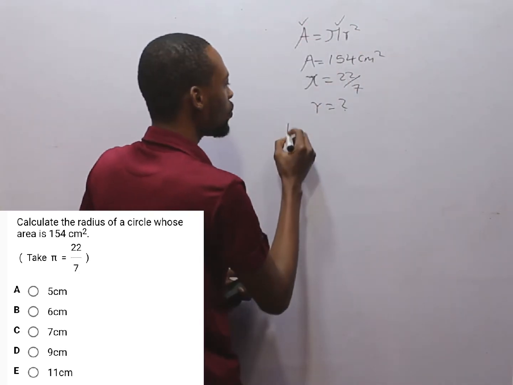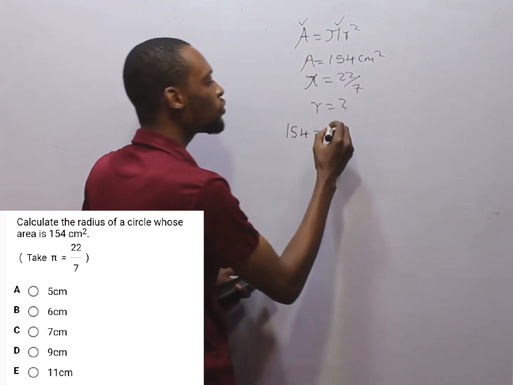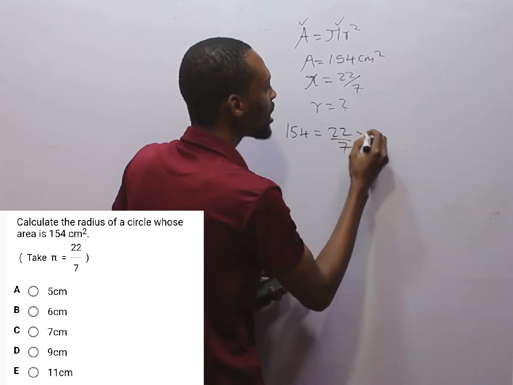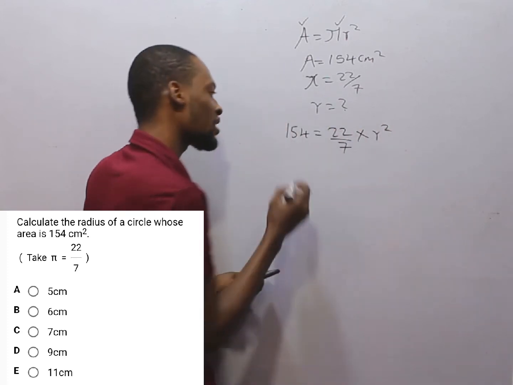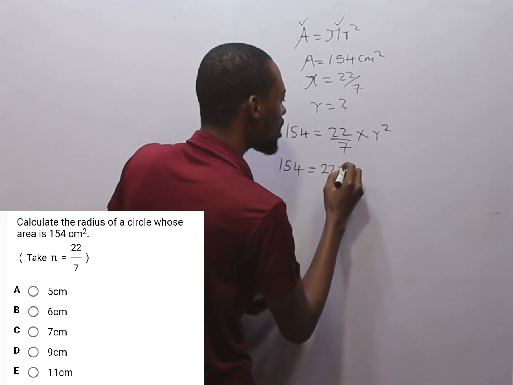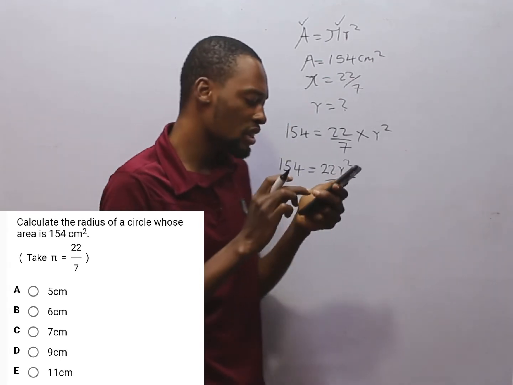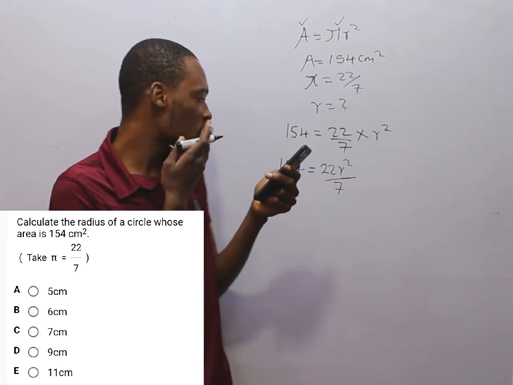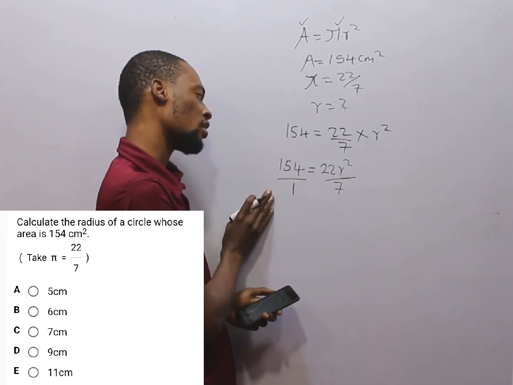Instead of A, we have 154 is equal to pi, which is 22/7, times r squared. This is the same thing as 154 is equal to 22r squared over 7, because 22 times r squared is 22r squared. What else? This is the same thing as 154/1.